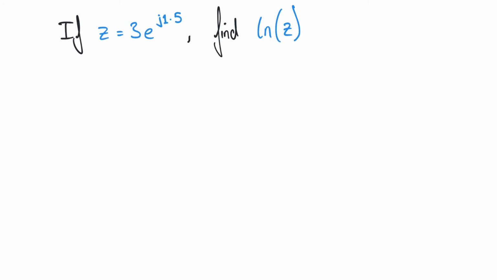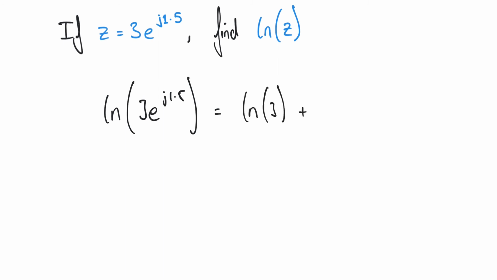Let's put this into practice with an actual example. Say we have a complex number z equals 3e to the power j 1.5, and we're asked to find the natural logarithm of that complex number. Using the same method, we can expand that to ln 3 plus the natural logarithm of e to the j 1.5.